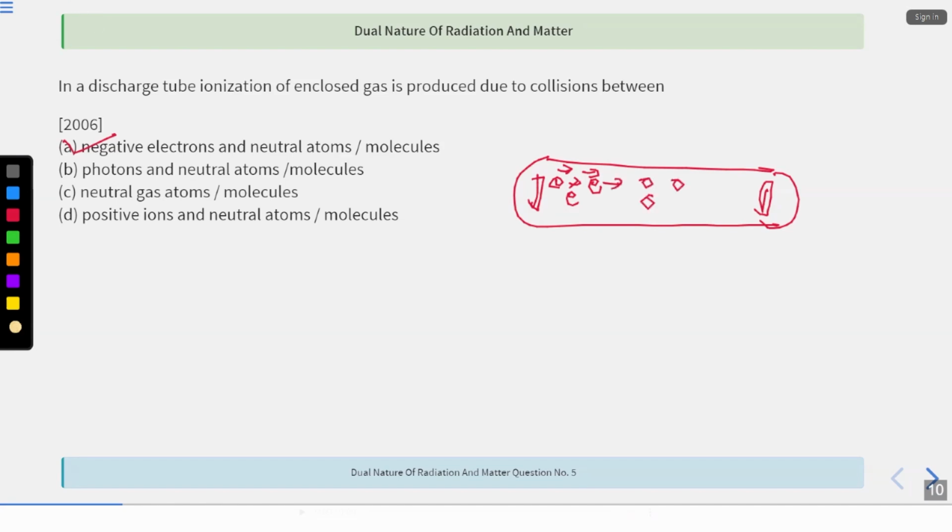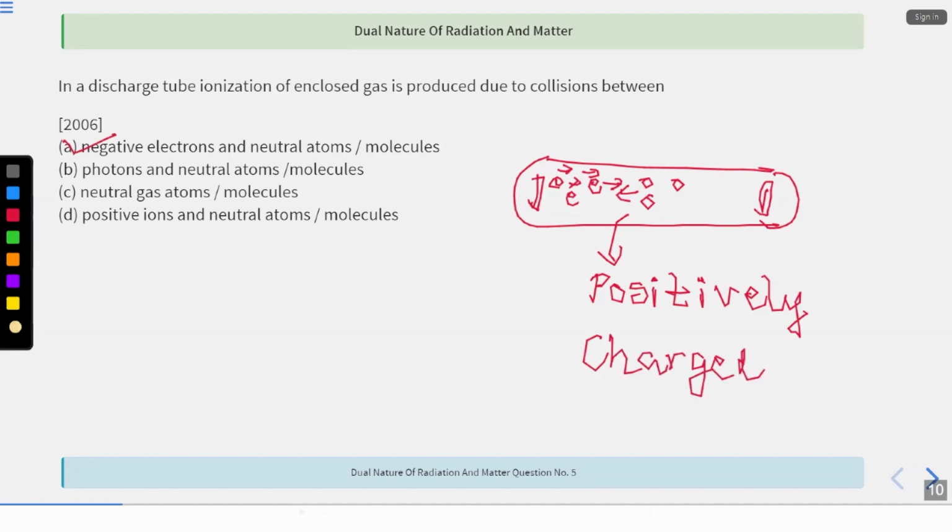They collide over here and knock out other electrons and produce positively charged ions, right?